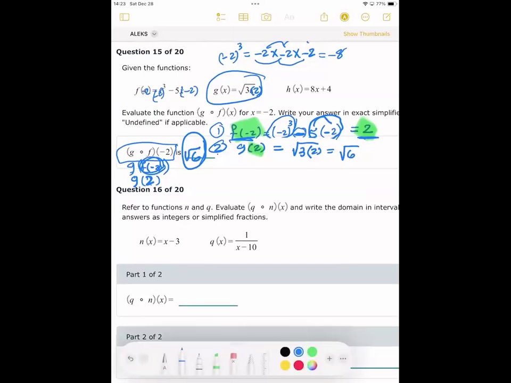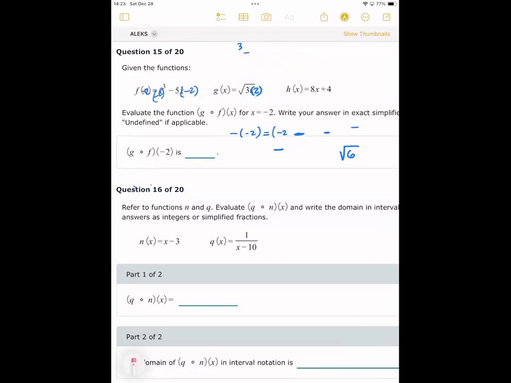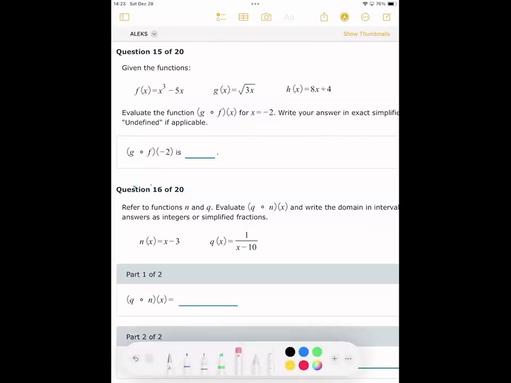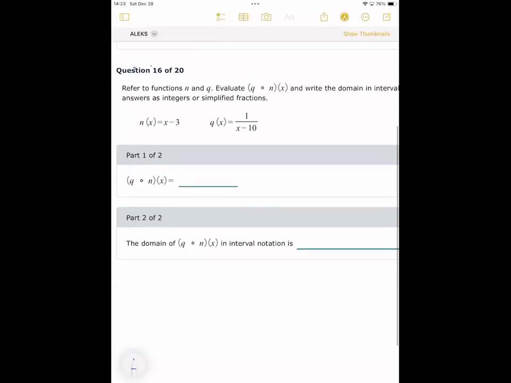Let me erase so that the file doesn't get too big. The next thing we want to do is, again, composition of two functions. This time we don't want to evaluate it. We just want to leave it as x. So this one is just a little bit different. We're doing the same thing. So what is this?